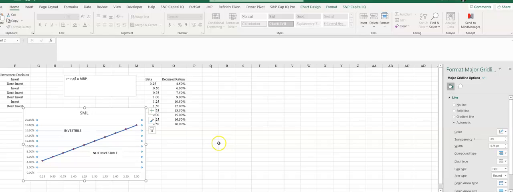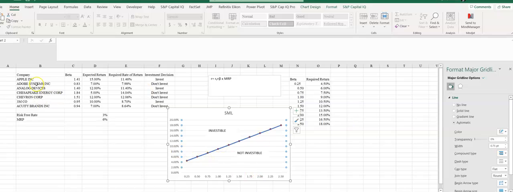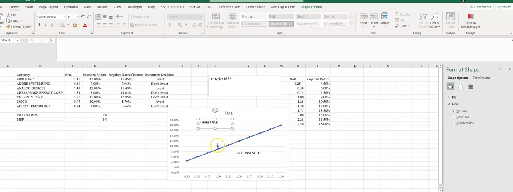For instance, if we look at the relationship in here, Apple, Analog Devices and 3M are above the SML line. For instance, Apple has a beta of 1.40, somewhere around here, and it has a required rate of return of somewhere around 11.46, but Apple offers a 15% return. That means it is somewhere around here.